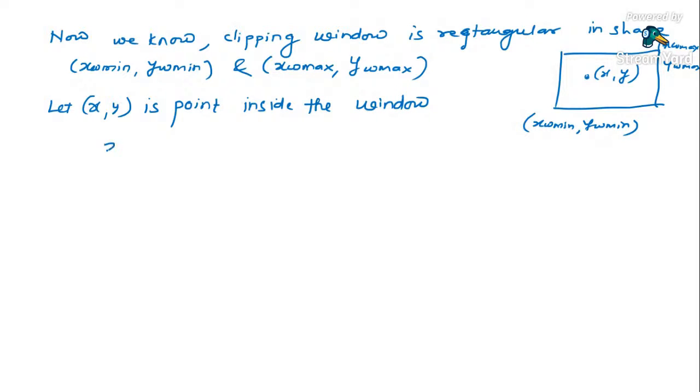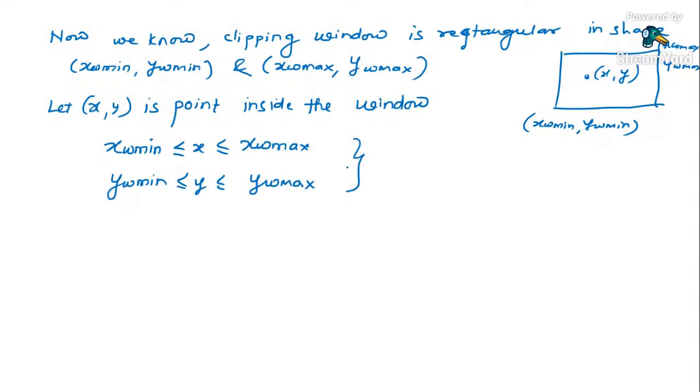What are the inequalities it must satisfy? xw minimum less than or equal to x less than or equal to xw max, and the second inequality is yw minimum less than or equal to y less than or equal to yw max. Those two inequalities must be satisfied by the point, and only then can we say that this point is inside the window.